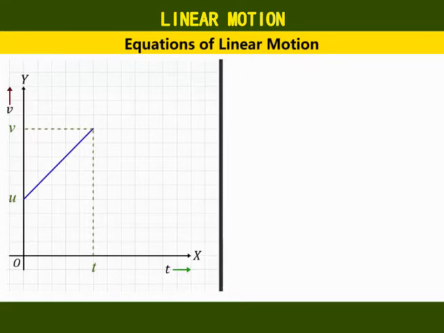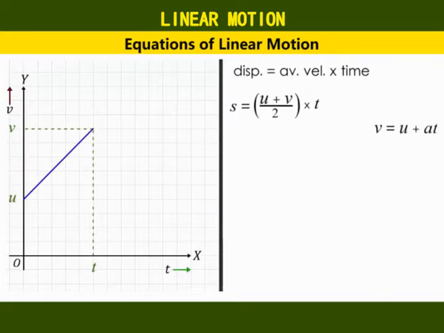The second one. Displacement s is given by average velocity times time. Average velocity is given as (u + v)/2. So for displacement, we multiply this by t. But equation 1 tells us that v = u + at. So if we substitute v in this equation, we shall have s = ((u + u + at)/2) × t.